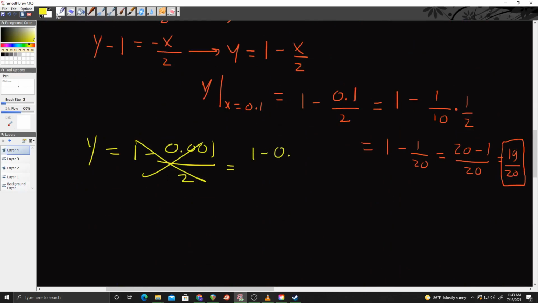1 minus 0.01 divided by 2, and that's going to give us 2 minus 1 over 200, because this is 1 over 100 and then times 2.